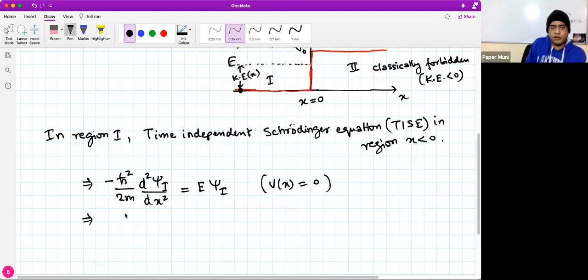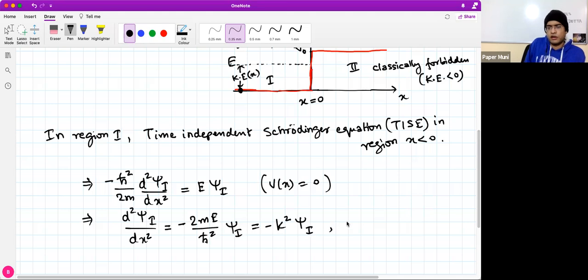Now if we just rearrange, what we'll get is the same as in the earlier calculations.